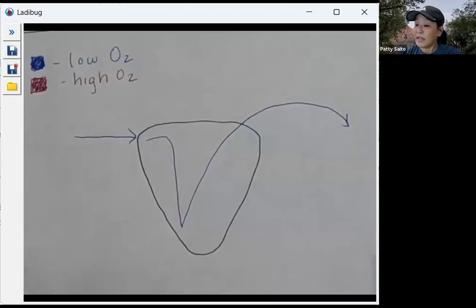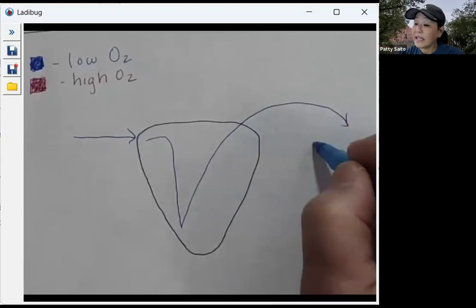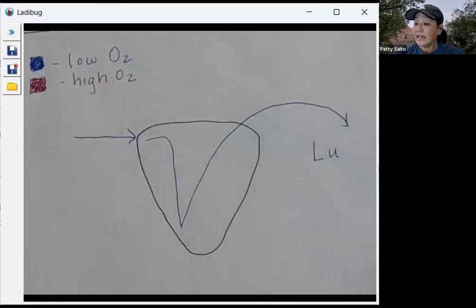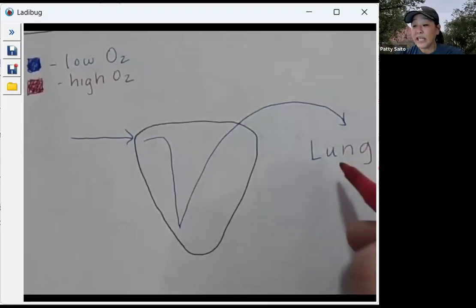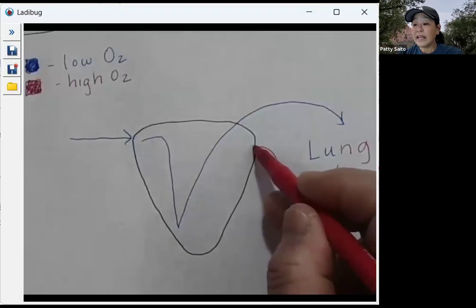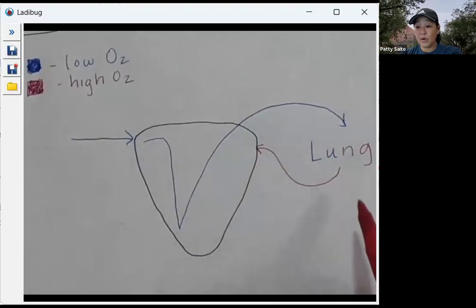Okay, I'm going to put the lungs here. And what happens at the lungs? It picks up oxygen and becomes oxygenated, but the pressure is too low to make it all the way through the body and then back to the heart, right?